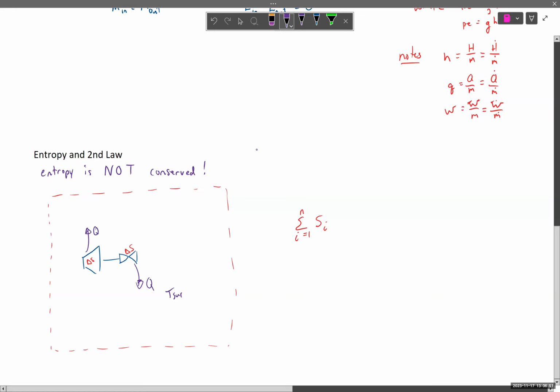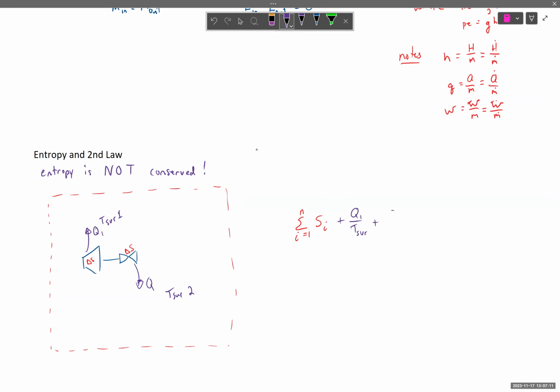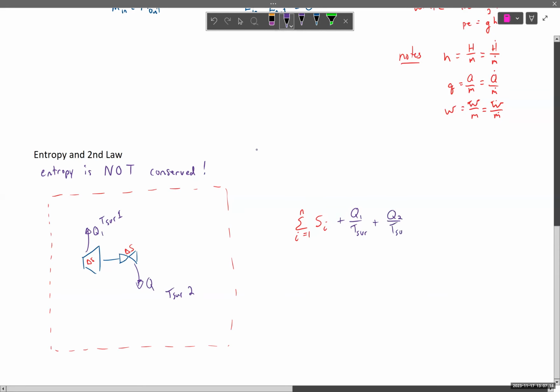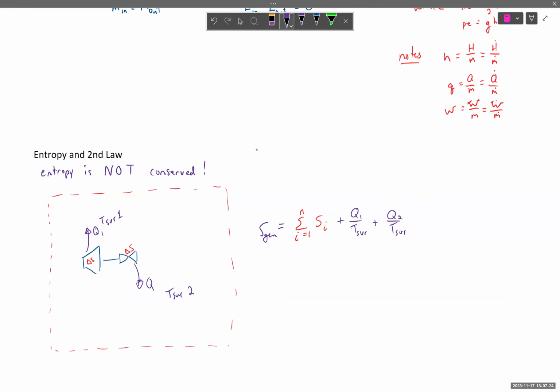Totally different temperatures of surroundings. Surrounding one, surrounding two, but it might be in this little box. So we're adding that depending on the direction of Q, that little heat over temperature surrounding. I'll call it Q1. And that's our entropy that's generated. We'll stay careful with the signs.